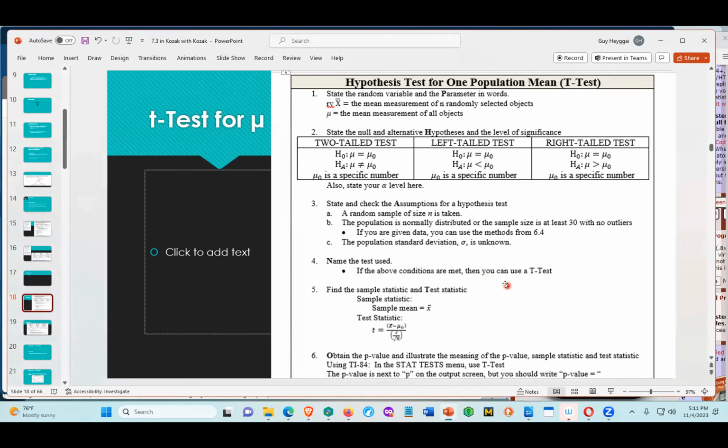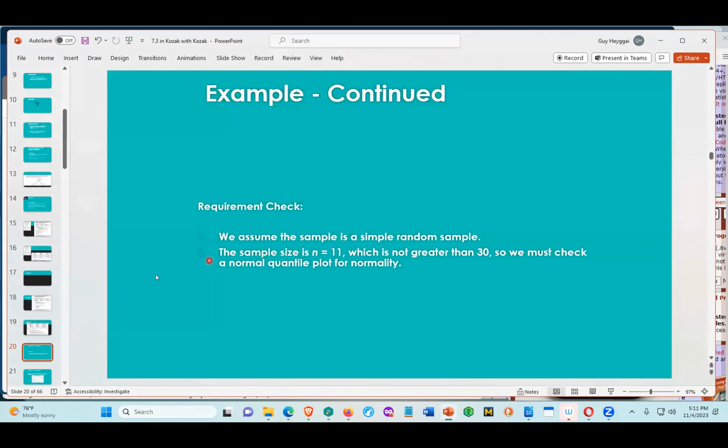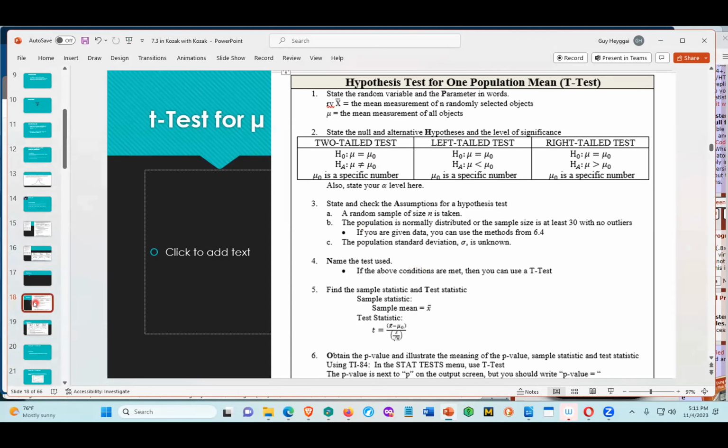Name of the test is a t-test. Sample statistic and the test statistic. The sample statistic for mu is X bar, the sample mean, which is the familiar X bar, the sum of the values divided by sample size n.